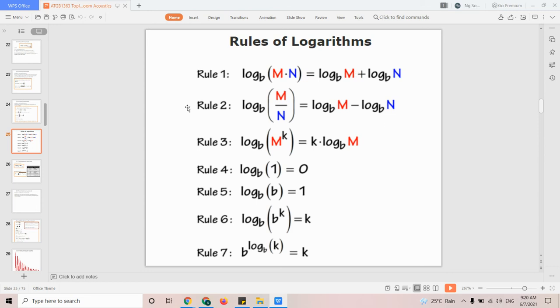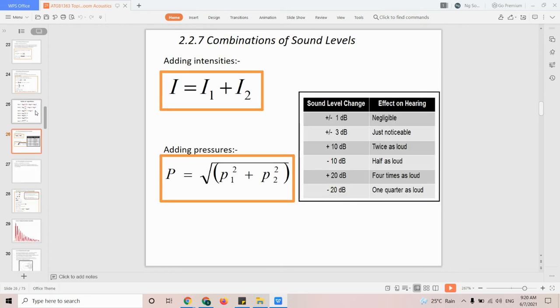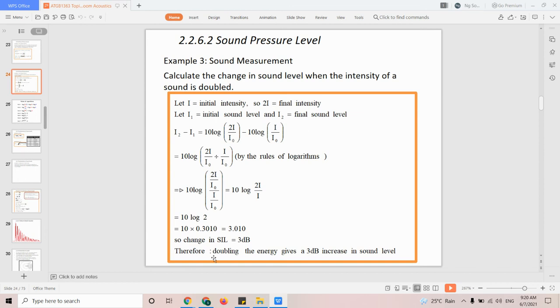So hopefully you remember, I just put in a slide here on the 7 rules of logarithm, just for reference purposes. Okay, so this logarithm, as mentioned, is just a way to measure a very, very big range of values, meaning from a value of 1 to a value of 10 billions.